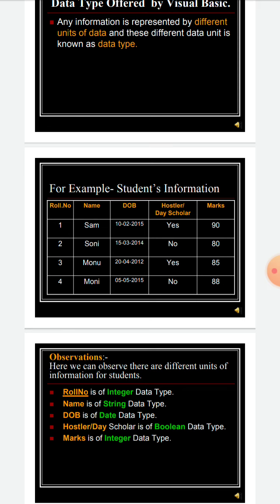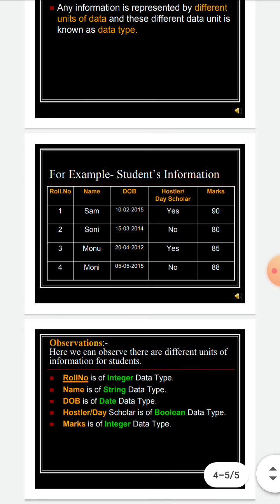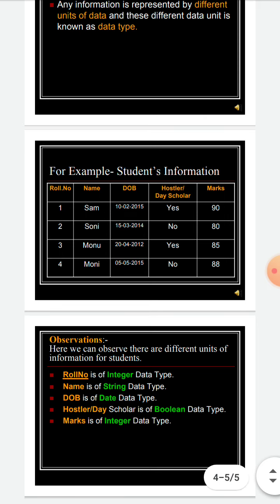And so for the other student, roll number 4, name is Moni, date of birth is 5 May 2015, hosteler no, marks 88. So by looking into this table, we can observe there are different units of information for students.